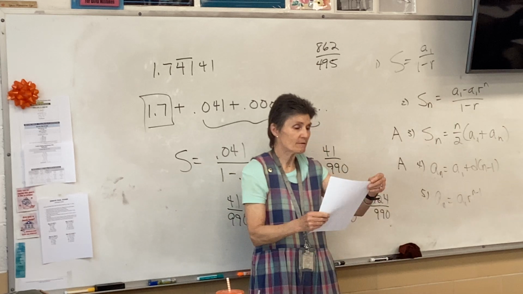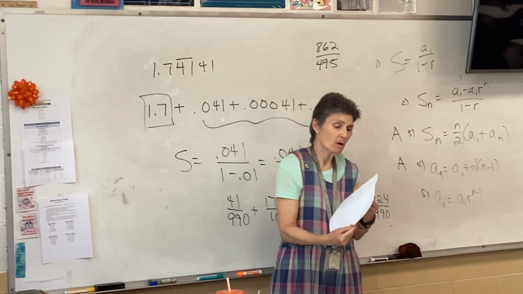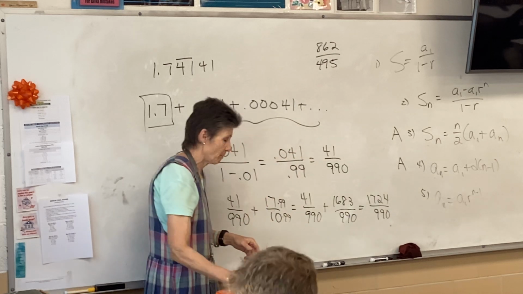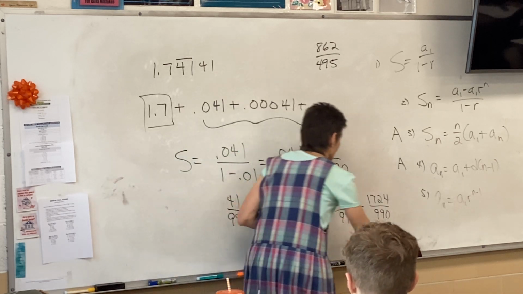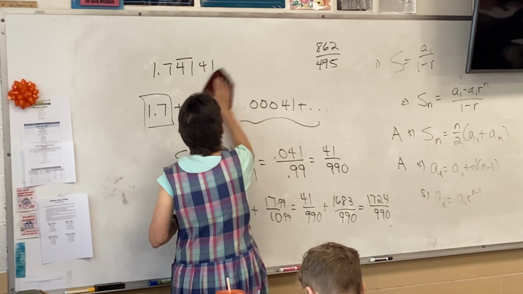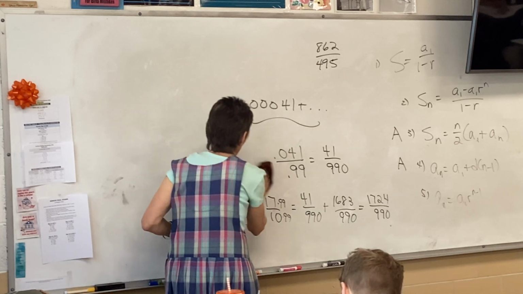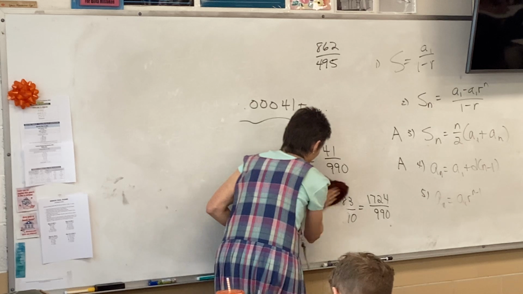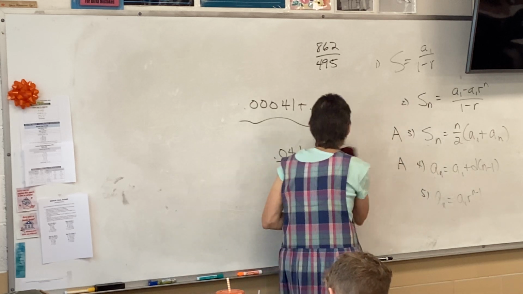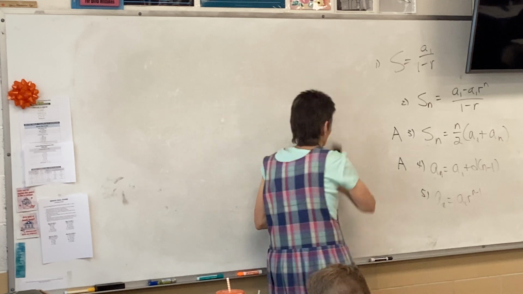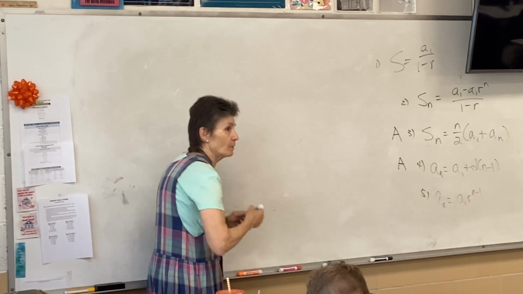We're going to do part of this for partners, but part of it as a class, especially problem number one. Let's make sure that we know how to do it.